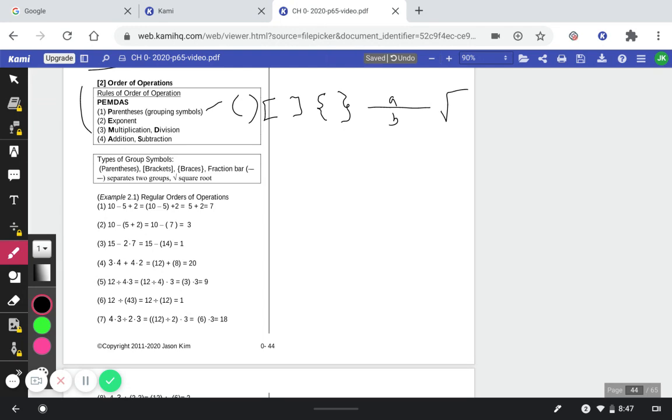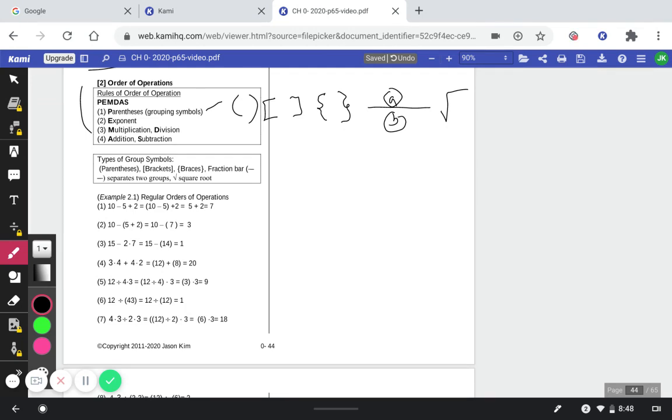They are all grouping symbols. So whatever is inside a grouping, you do first compared to anything else. Or in terms of a fraction, if there is something in the numerator, you complete the numerator first and you complete the denominator, all the terms in each one. Okay? So you do inside of parentheses or group symbols first.